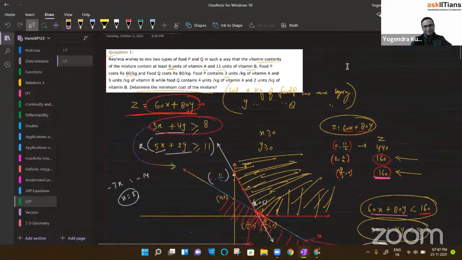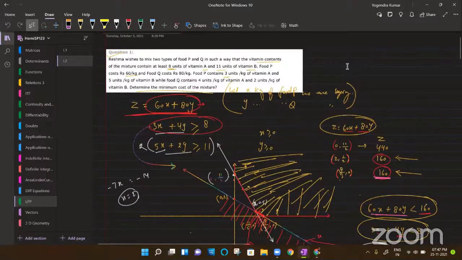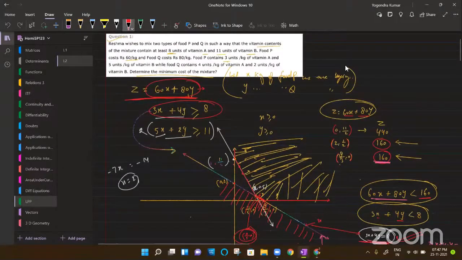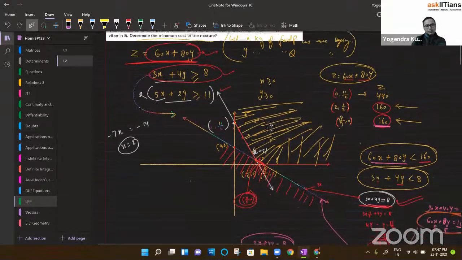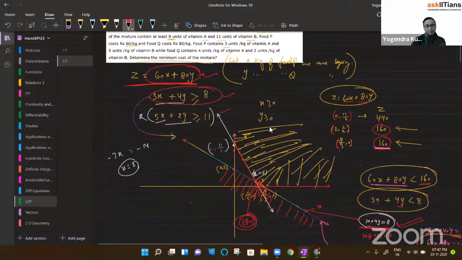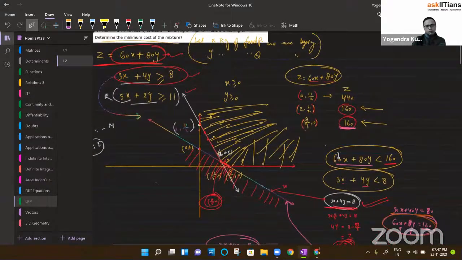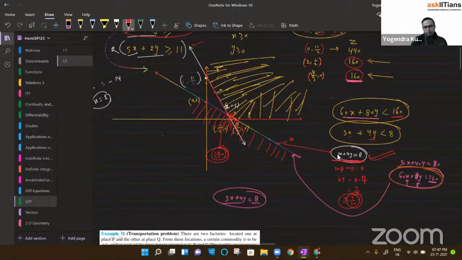So guys, this is the problem, and we are getting the objective function like that and the constraints like this, and from here we made the graphs. Now what is happening here? The feasible region is coming out unbounded, like this. Now we check the values at these corner points.